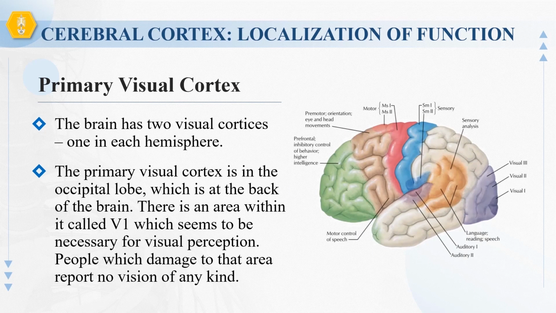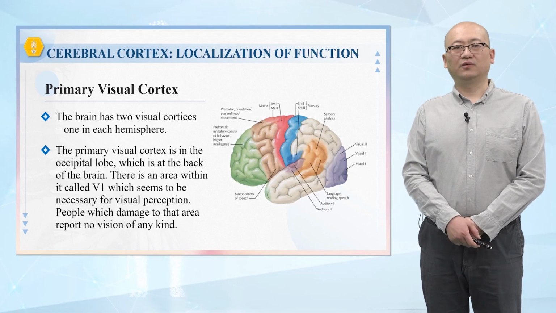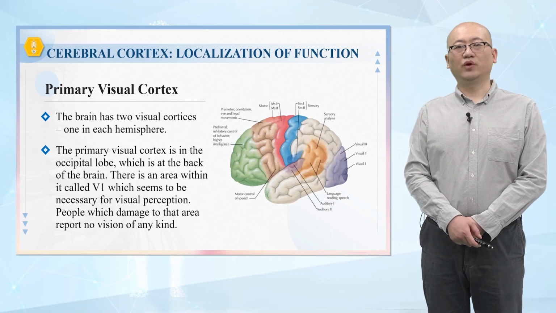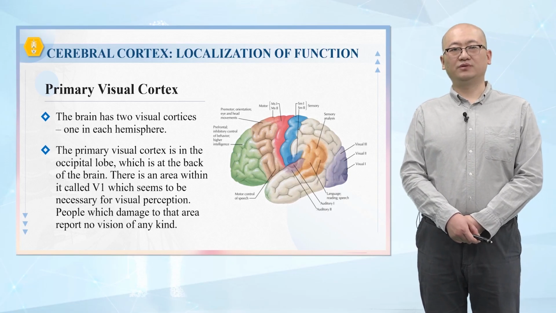The primary visual cortex is very important. The brain has two visual cortices, one in each hemisphere. The primary visual cortex is in the occipital lobe, which is at the back of the brain. There is an area within it called V1, which seems to be necessary for visual perception.